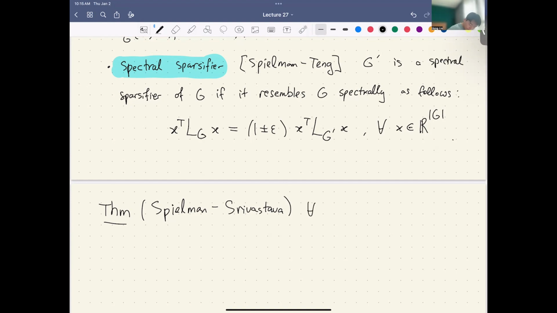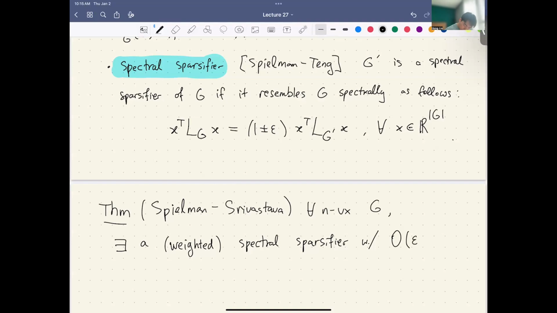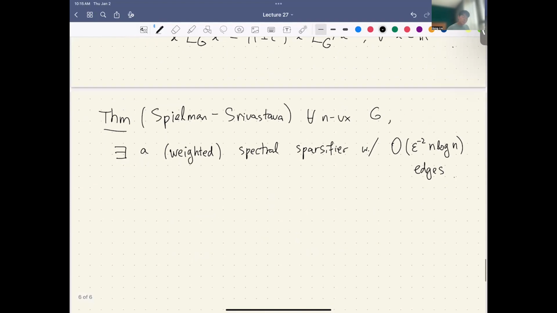So for any n-vertex graph G, there exists a weighted spectral sparsifier with some constant times 1 over epsilon squared times n log n edges. Okay, so that's very sparse.